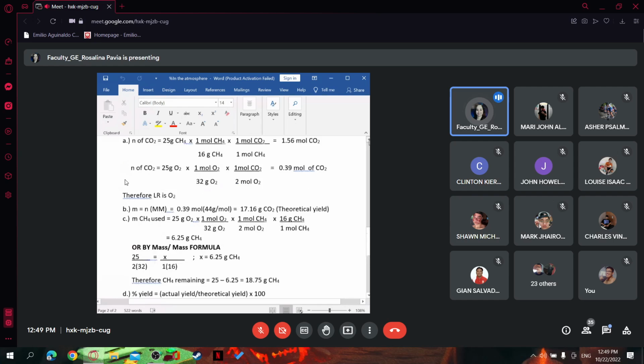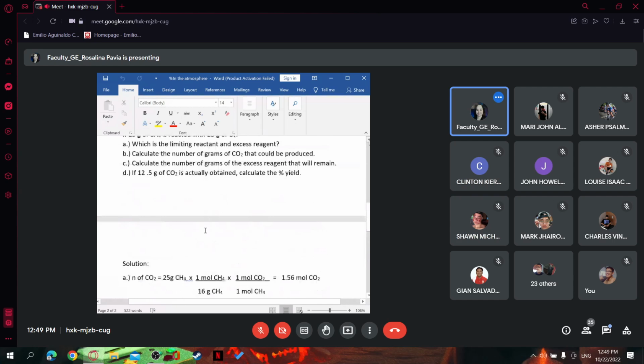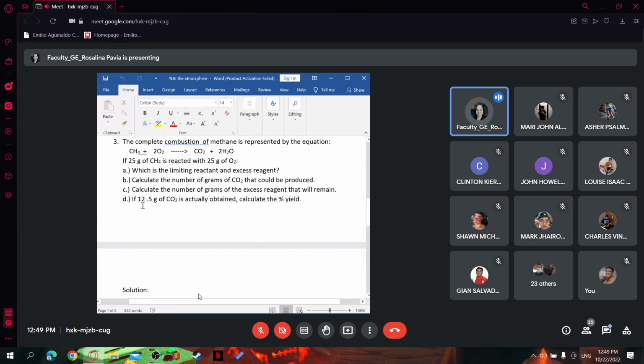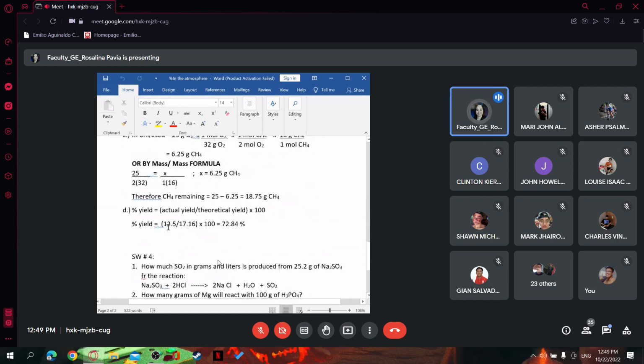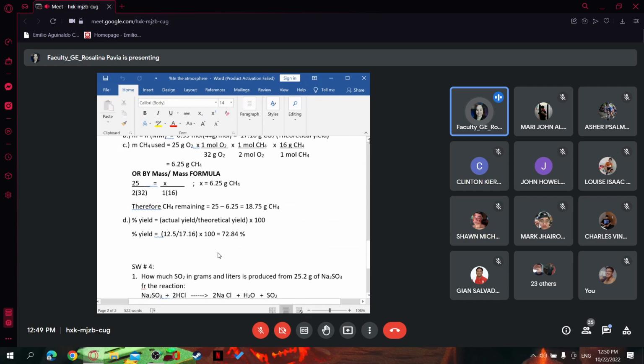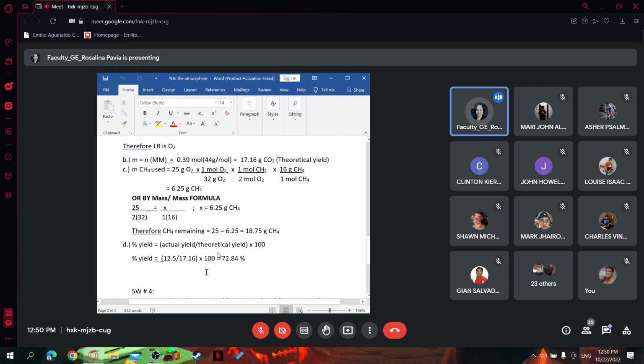If it is asked, if 12.5 grams of CO2 is actually obtained, calculate the percentage yield. So, actual by experiment is 12.5 divided by the theoretical yield times 100, you have 72.84%.